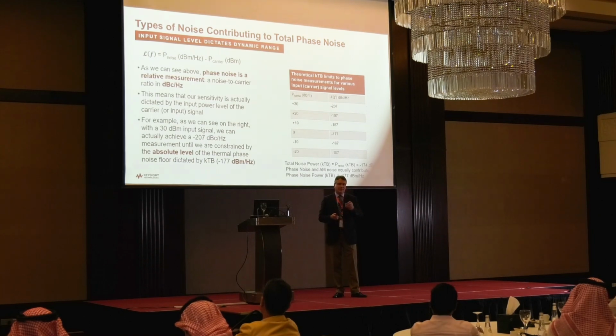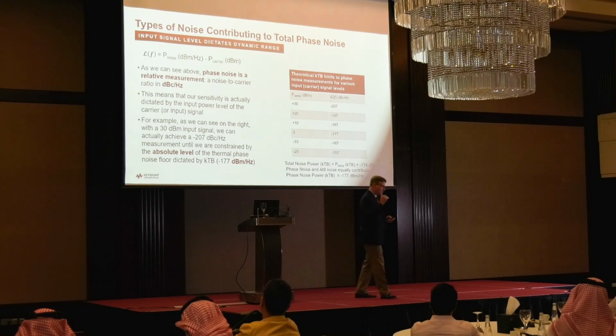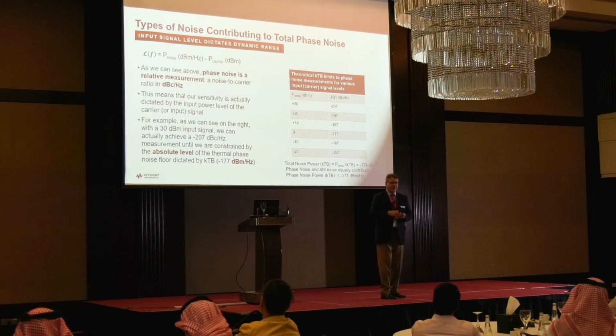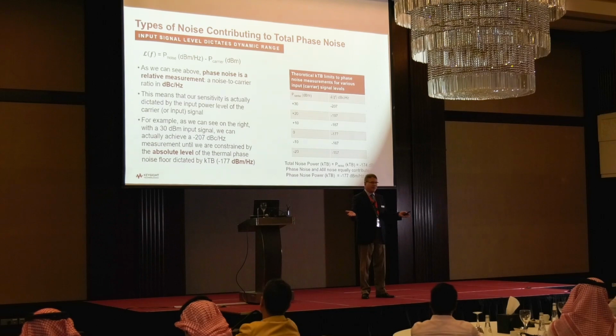And the table on the right tells you that we actually could have cases where, if we have more than 0 dBm of carrier power and an infinite dynamic range on our analyzer, we can make measurements of phase noise relative to the carrier of greater than minus 174, in this case minus 177.